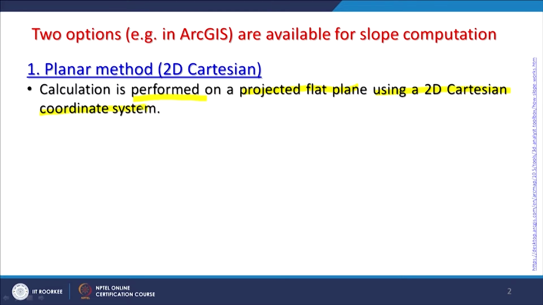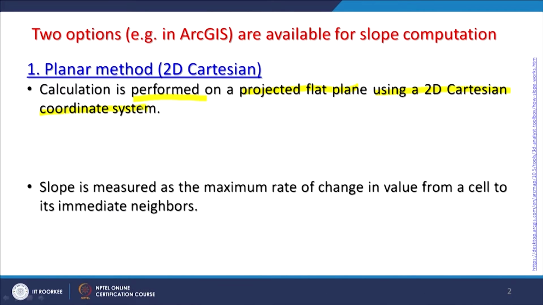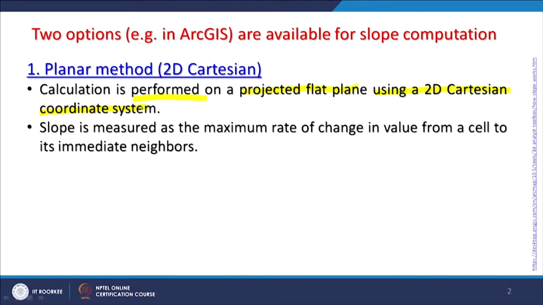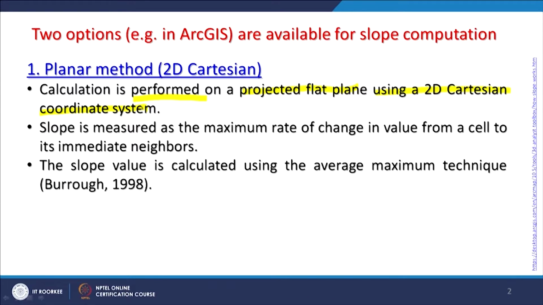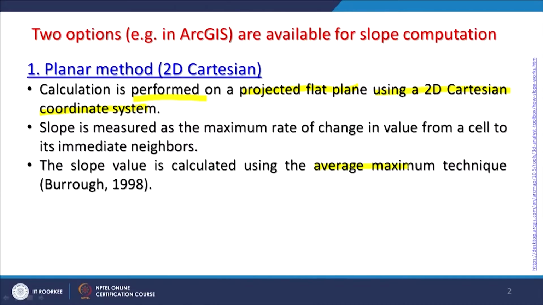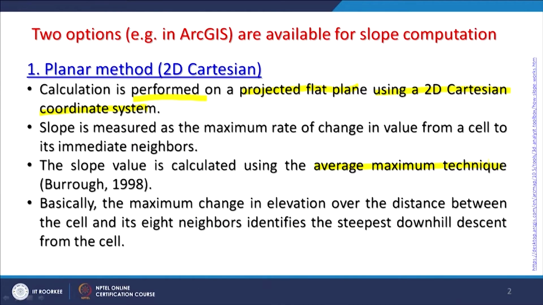Slope is the maximum rate of change in values, and the slope value is calculated by the average maximum technique, which is the maximum change in elevation over the distance between the cell and its 8 neighbors.